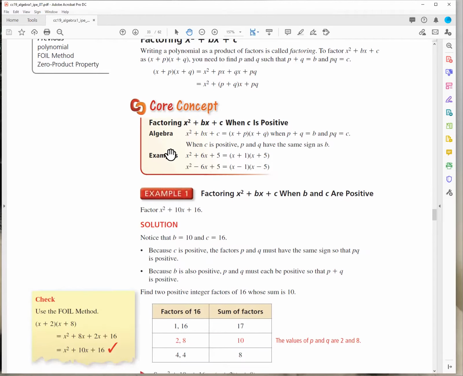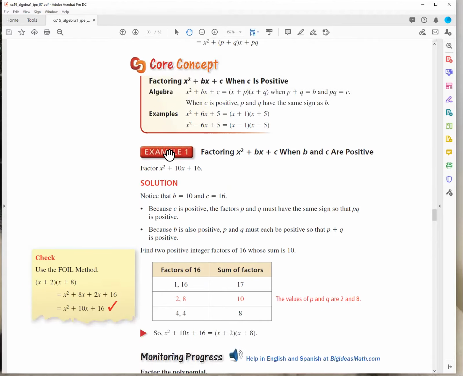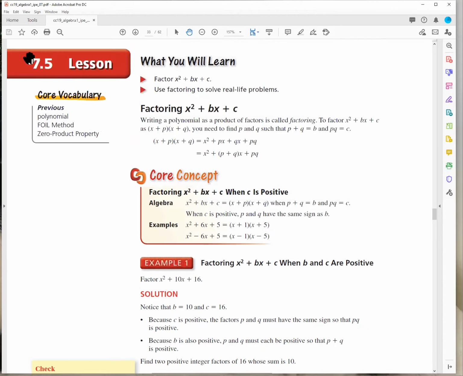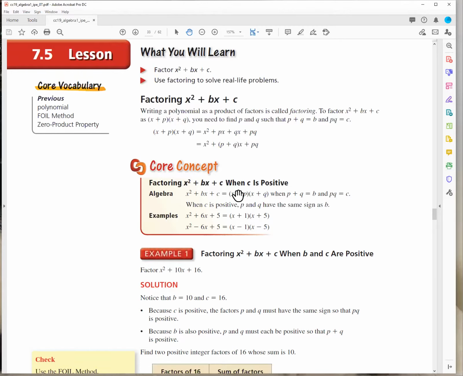This is page 386, by the way. It's chapter 7, section 5. It'll be the last section we're doing this semester. And so you can see them doing this calculation like we did at the beginning of class. X plus p times x plus q is x squared plus p plus q times x plus p times q.